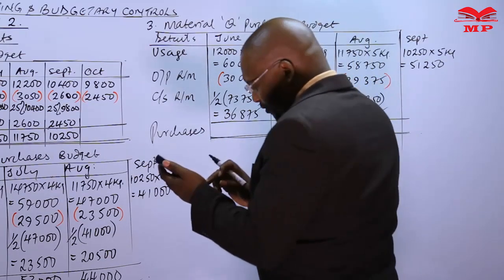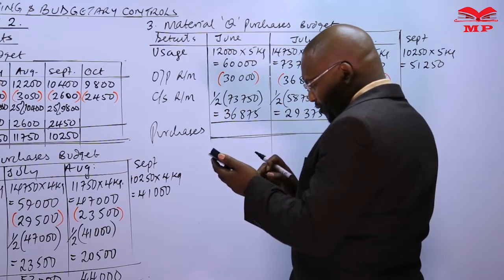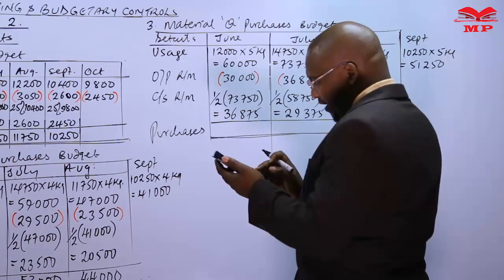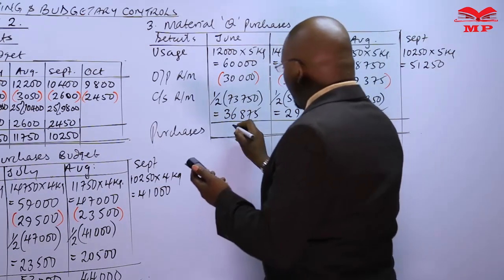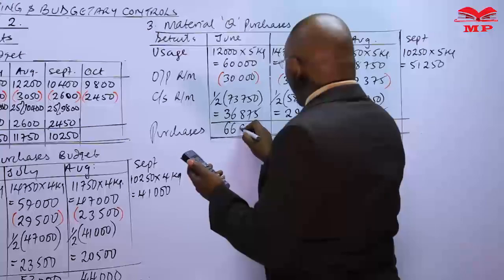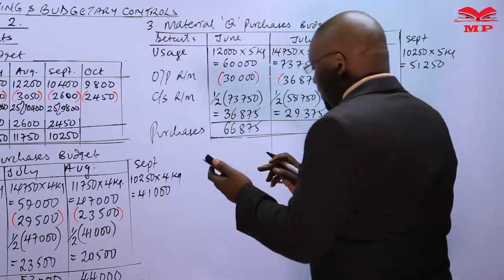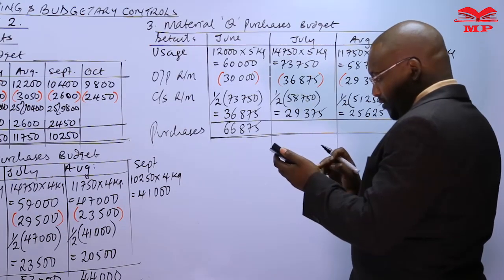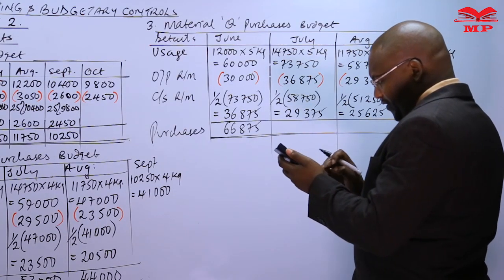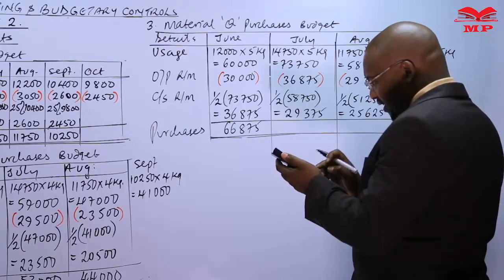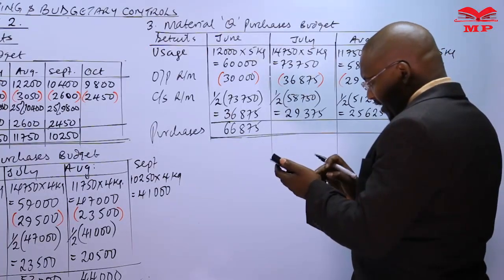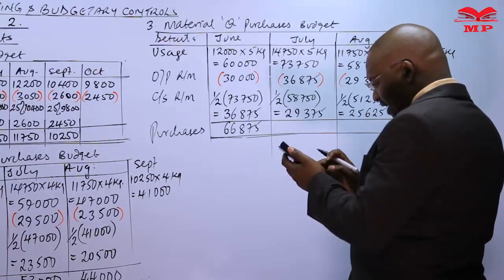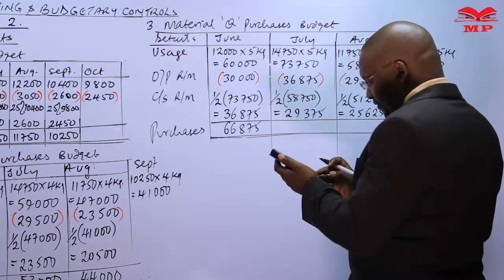So you have 60,000 minus 30,000 plus 36,875. This is giving us 66,875. This is 73,750 minus 36,875 plus 29,375.